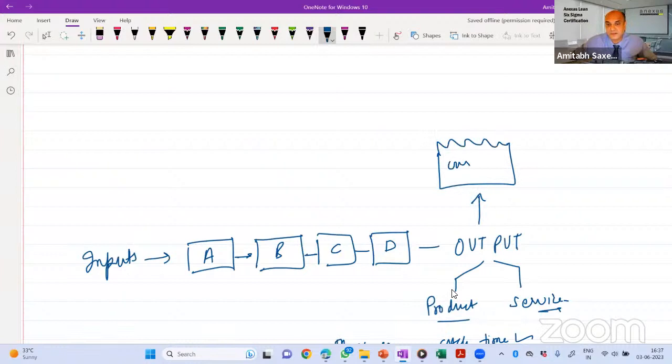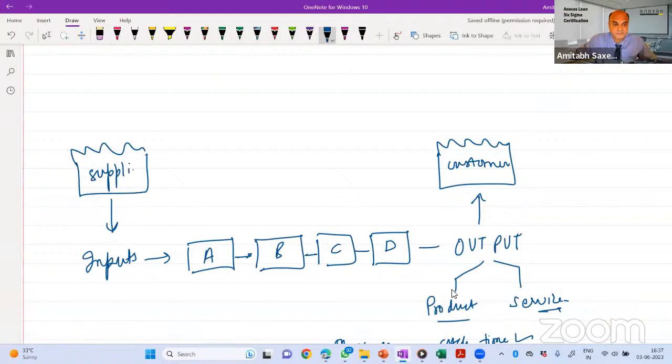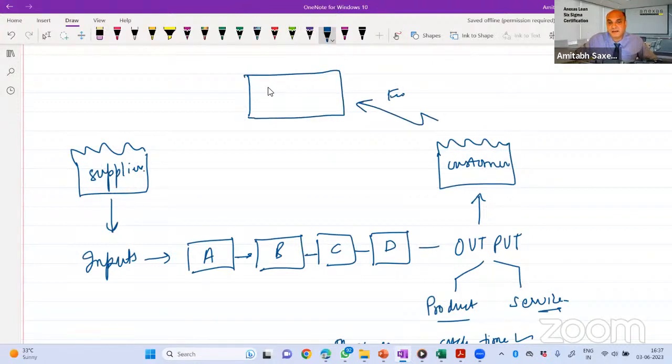So we have a customer which consumes this output, and these inputs are coming from the suppliers. Typically you will have these customers giving feedback about your output.